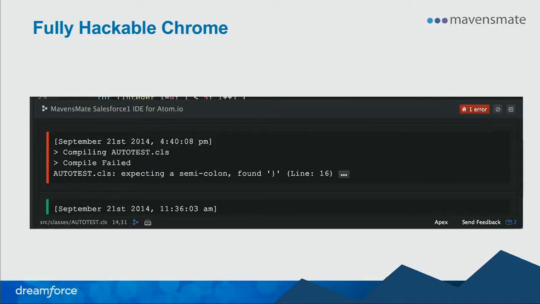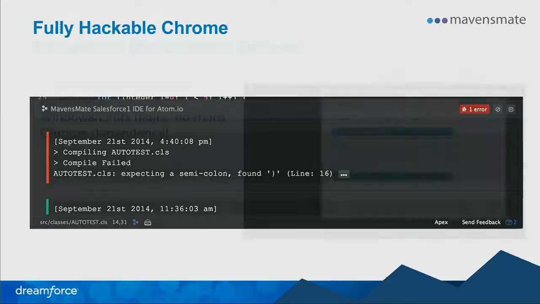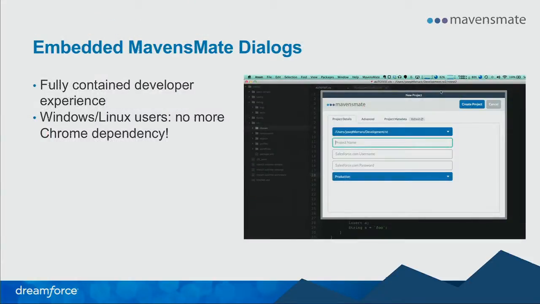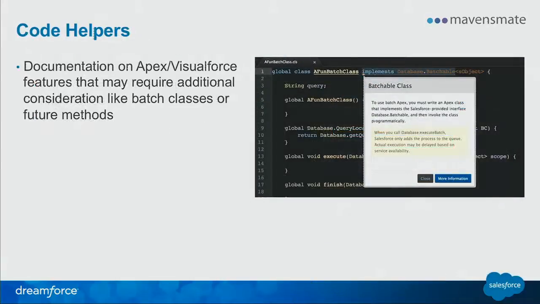So you'll see the new errors view, the new status panel, and the embedded MavensMate dialogues are an example of that. So we have a fully contained experience now for Linux and Windows users. You're probably familiar with having to go outside of MavensMate for interaction with the UIs. That's no longer a requirement. That's all embedded inside of Atom. And it just creates a streamlined experience for developers.